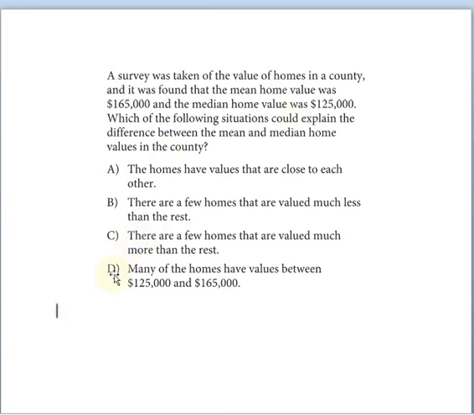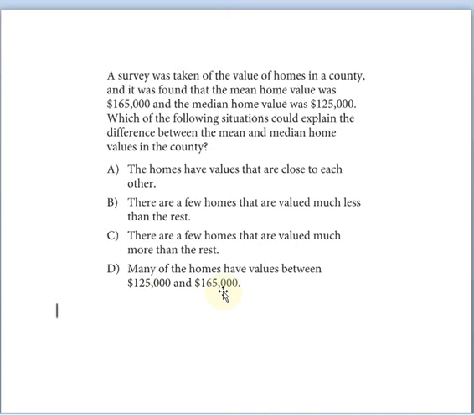But choice D, let's see what that says. Many of the homes have values between 125,000 and 165,000. Now, why doesn't this work? Well, first of all, we cannot include these two numbers. We cannot include 125,000 and we cannot include 165,000.